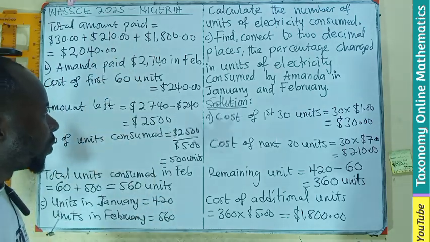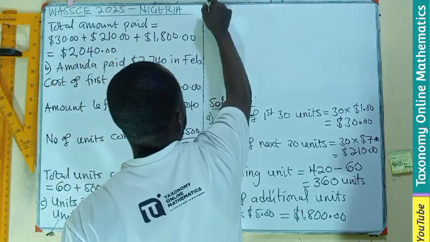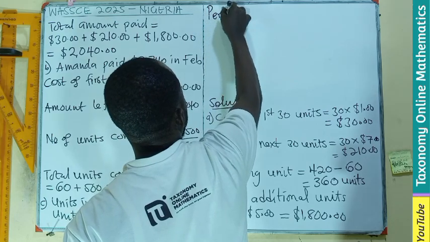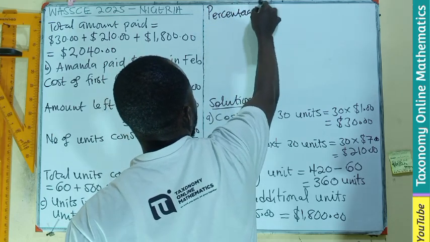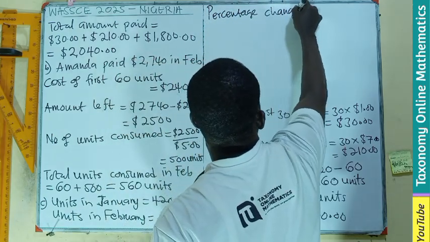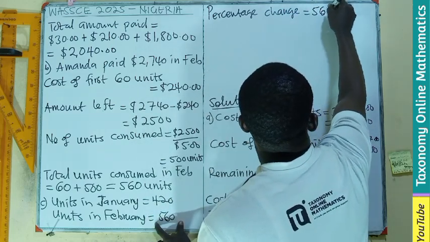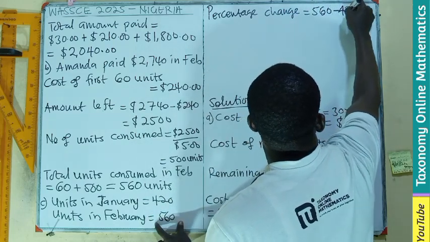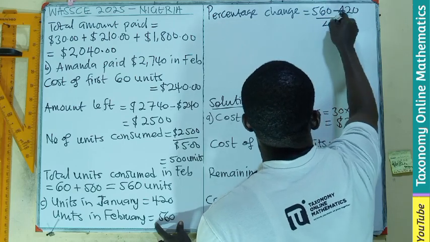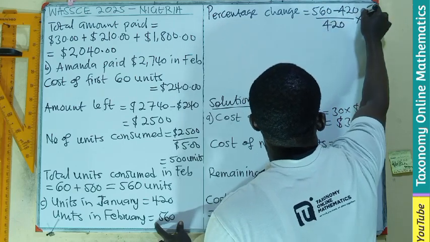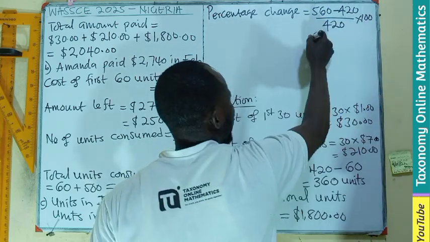Let's clean here and continue. So let's go ahead and find the percentage change. It is going to be the change from 560 to 420, divided by 420, times 100.